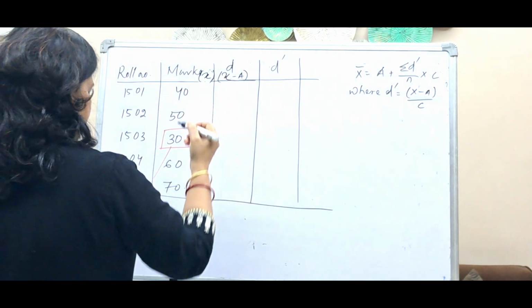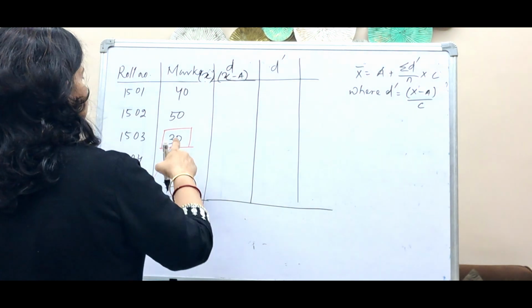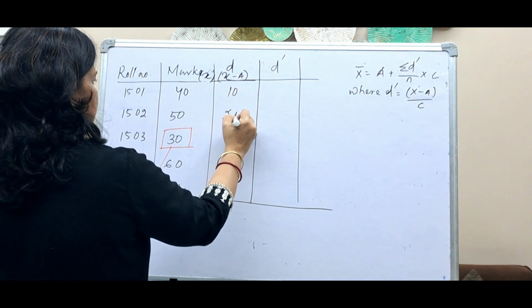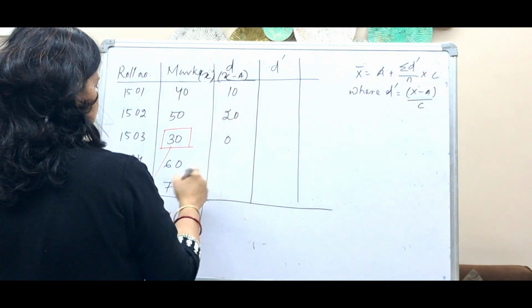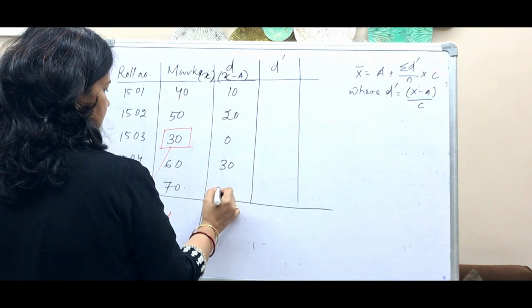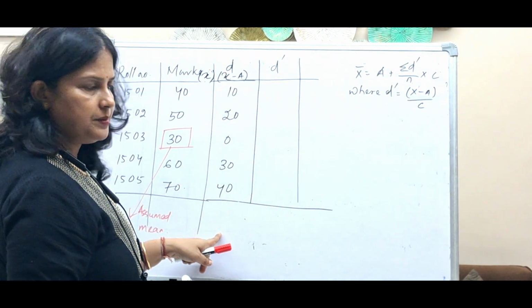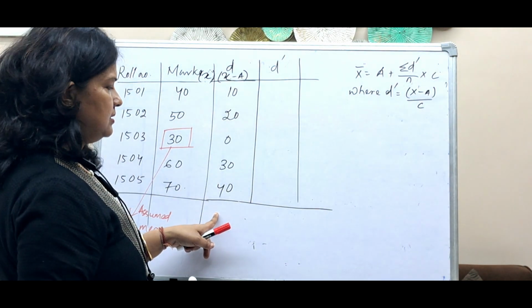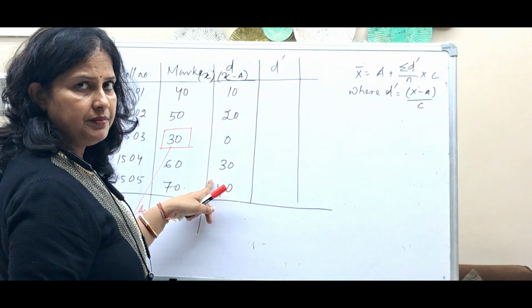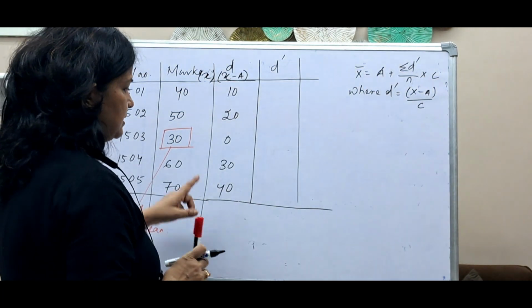Deviation d equal to x minus a, that is 40 minus 30 is 10, 50 minus 30 is 20, 30 minus 30 is 0, 60 minus 30 is 30, then 70 minus 30 is 40. This we have already discussed in our previous class for our assumed mean method. Now we will find d dash.